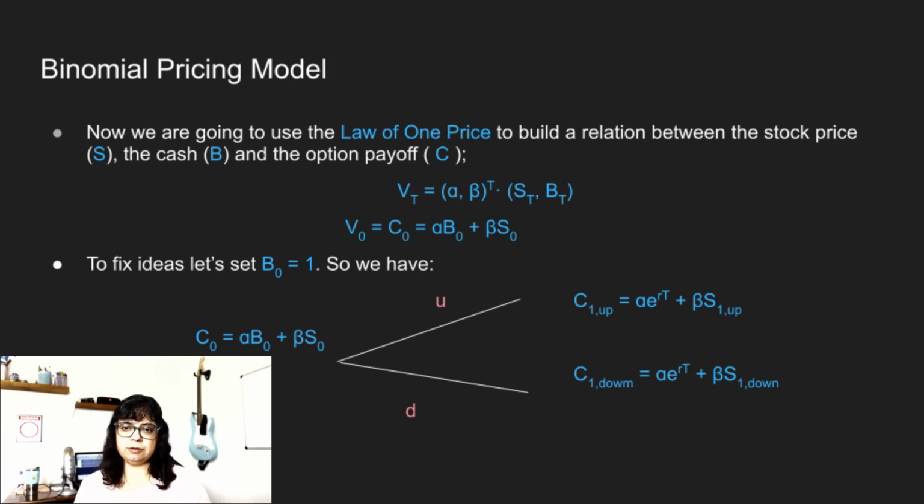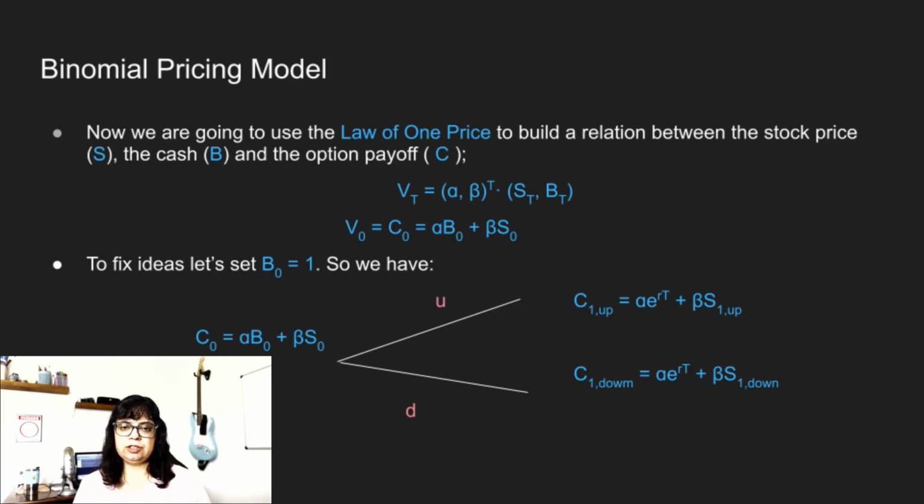The initial value of the portfolio will be the same as the value of the call option, and it is represented by alpha times B0 plus beta times S0.